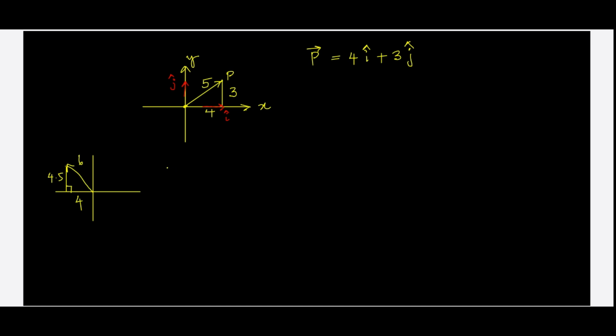Then here your vector P is 4 units minus I cap plus 4.5 units j cap. So with vectors, you need to be very careful about the direction. Your I is still this and your j is this.